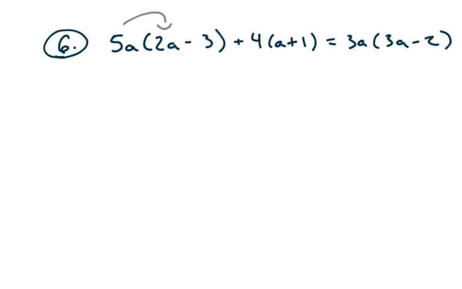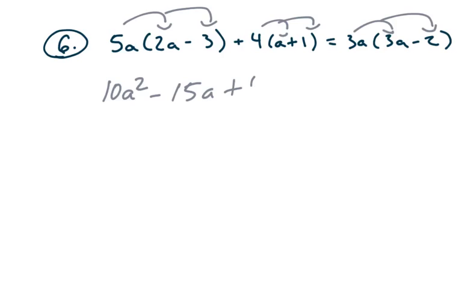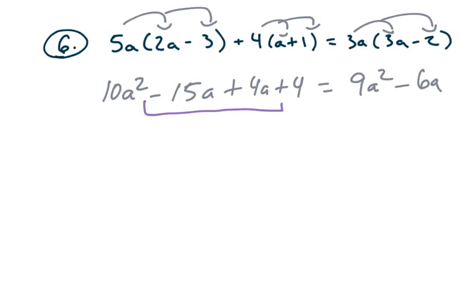So, assuming that you've given it a shot, we can see that we're going to be doing a lot of distribution here. So we're going to get 10a squared minus 15a plus 4a plus 4 equals 9a squared minus 6a. Now before I start moving things over to the other side, let's see if we can consolidate terms. So we can definitely put these two together.